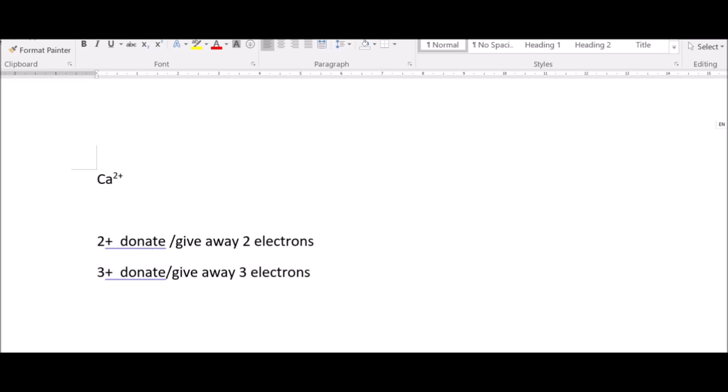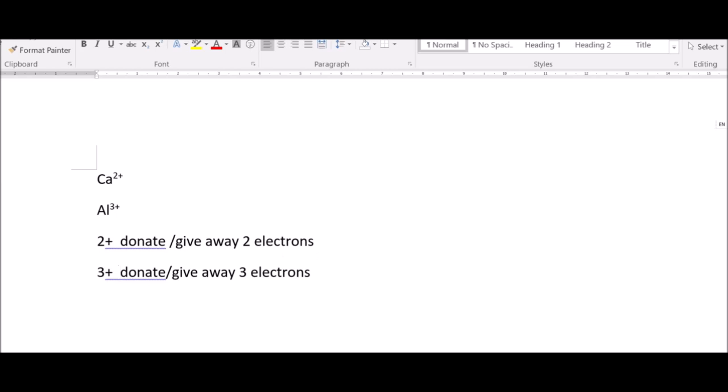If this is 3 plus, for example Al3 positive, it shows that the aluminum ion has given away 3 electrons because they are generous. They are on the positive side.